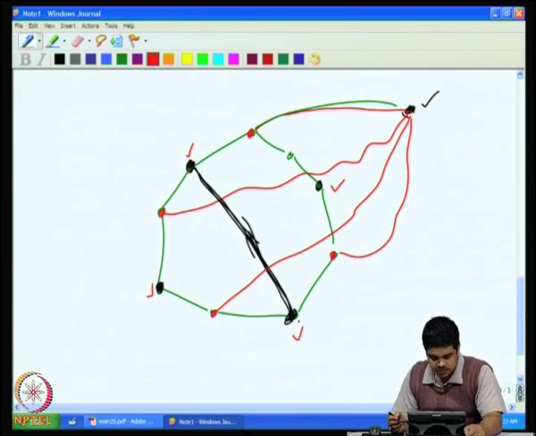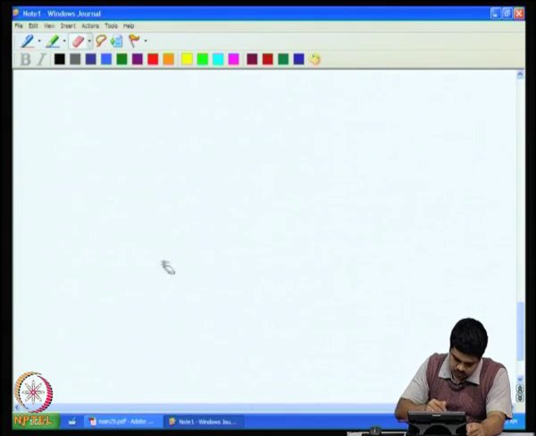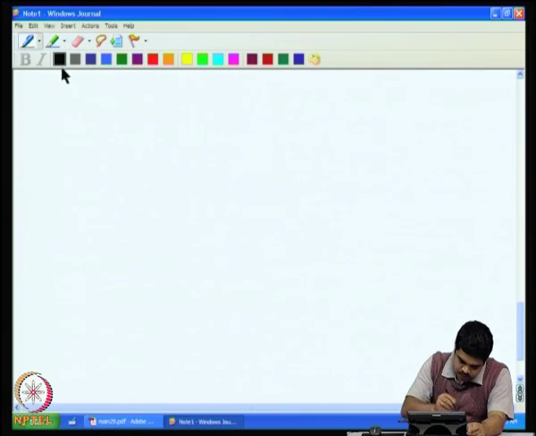Now I will show a path which is bigger than the old one. For clarity's sake, we will draw a figure.